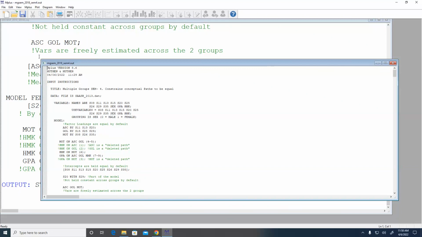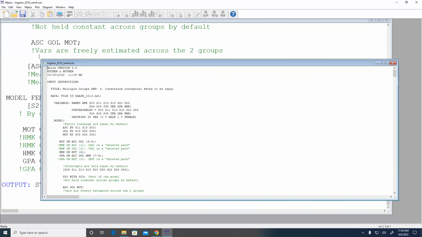I'm saying intercept because we've got academic self-concept and goal evaluation, both of those predicting motivation, but motivation is endogenous.